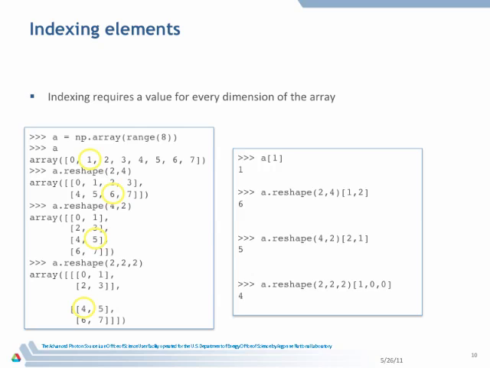So here, element 1 comma 2 brings me to this one right there. And if I do 2 comma 1 on the 4 by 2, I'm addressing that one there. And then finally, if I reshape it as a 2 by 2 by 2, I need 3 indices to address an individual element.